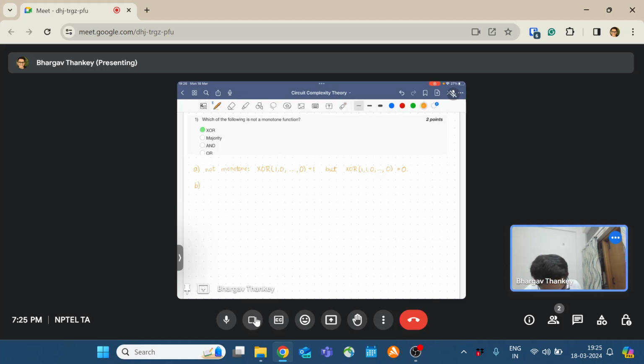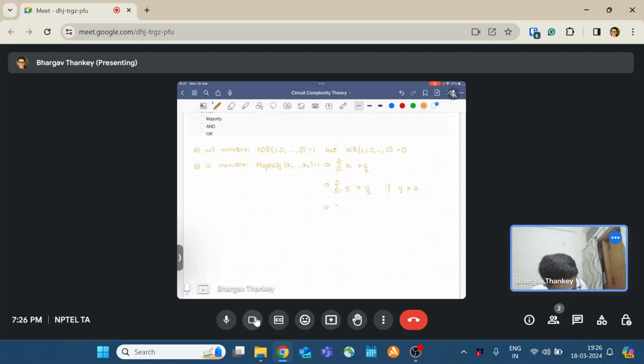Majority is monotone. Why? Because majority of x1 to xn is equal to 1 implies sum over i of xi is at least n over 2, and this implies that the majority of y is equal to 1.